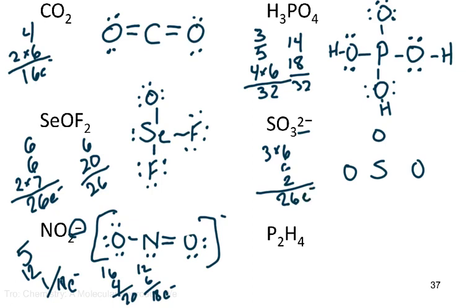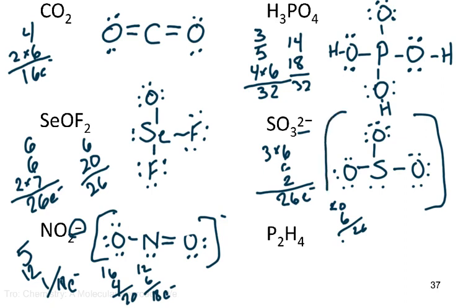I'm going to fill in my bonds here, and then my lone pairs: 2, 4, 6, 8, 10, 12, 14, 16, 18, 20. So I have 20 in lone pairs plus my 6 in bonds, which gets me a total of 26. So I'm all set there. Again, brackets with the 2 minus.